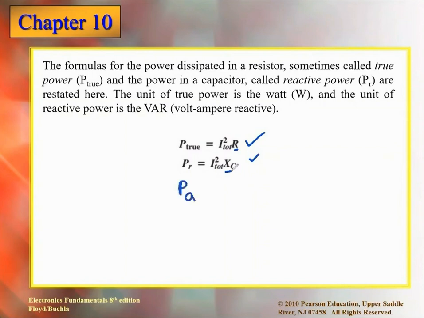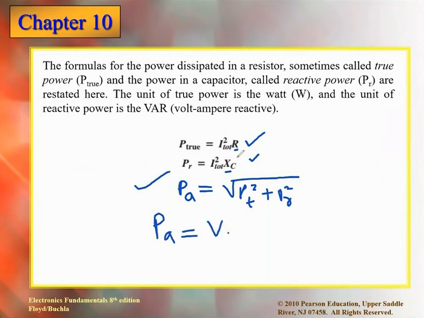Apparent power PA is given by the under root of PT square plus PR square. It is a vector sum of these two powers. This is not the only formula, because it is a total power. So how can we calculate the total power? Total V and total current.